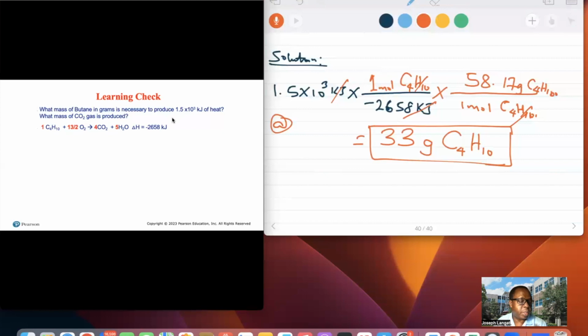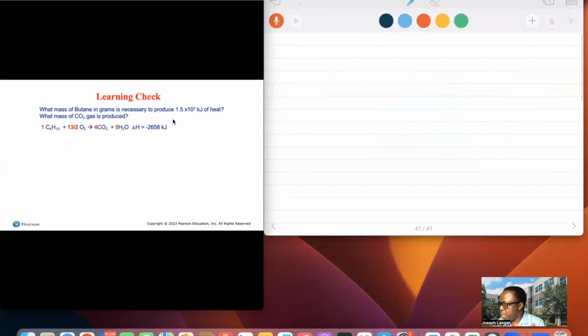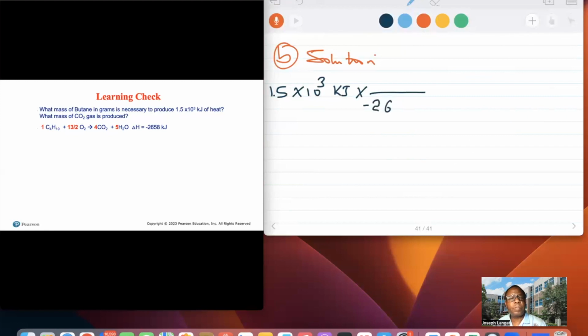So again, in part B, the given is 1.15 times 10 raised to 3 kilojoules, times, what we are given, 2658 kilojoules.